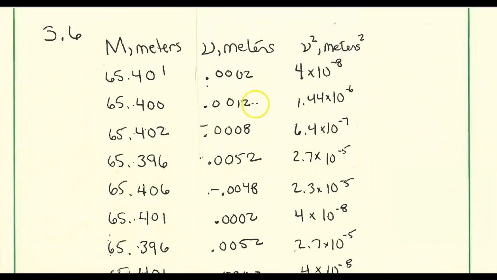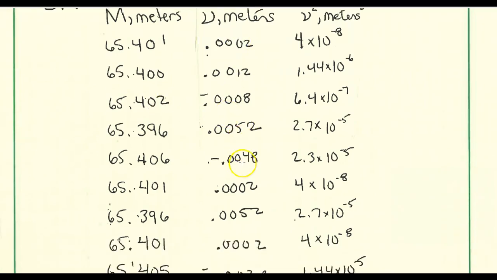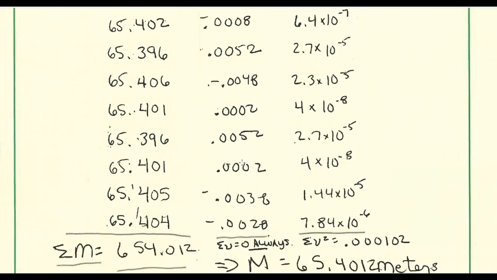We find that residual, or that difference, 10 times. And you notice some of them are positive and some of them are negative. In other words, if the individual value is higher than the most probable value, the residual will be negative. So we have positive and negative residuals. If the measurement itself was exactly the same as the average, the residual would be 0.